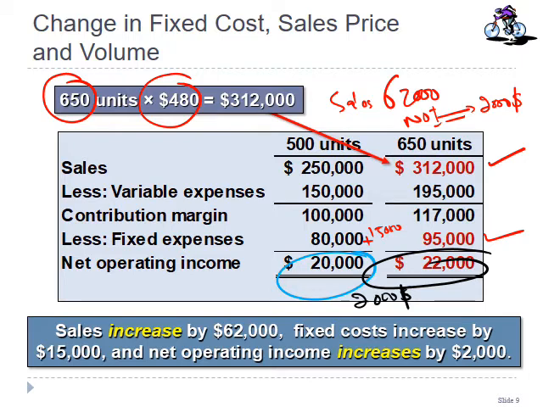And what is the reason here? Because there is a greater impact of changes in fixed costs rather than any kind of changes in the units sold, or changes in the sale price, or changes in the variable cost.